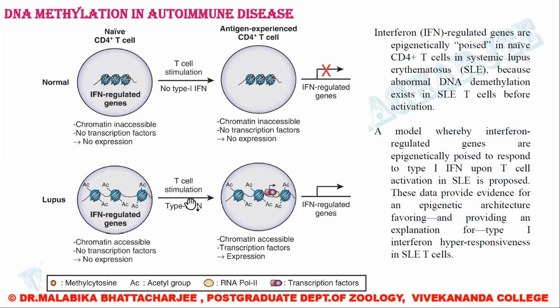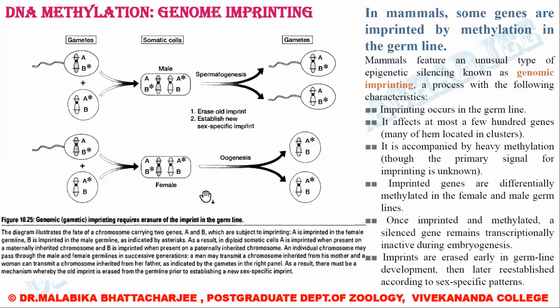These genes again further control downstream a lot of other members of the cytokine families, which also include a variety of IFN subtypes, and thus a host of inflammatory molecules are released one after another. So this is an example of DNA methylation in autoimmune disease.